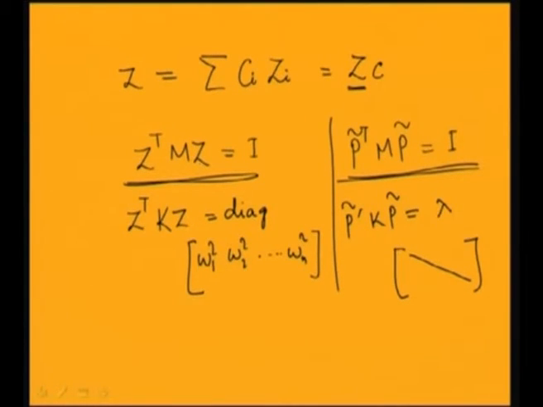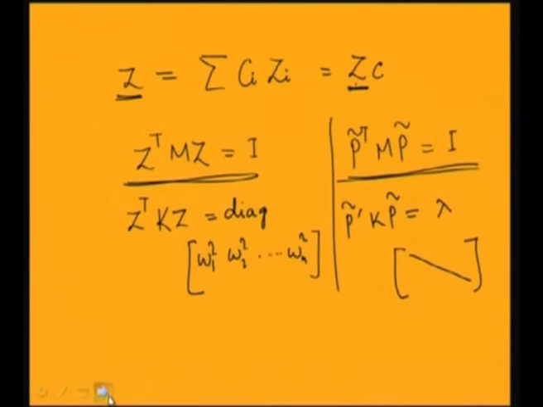So, let us assume a vector Z, where capital Z is the square matrix, such that Z transpose M Z equals I, the unity matrix, and Z transpose K Z equals the diagonal matrix of omega 1 square, omega 2 square, up to omega n square.